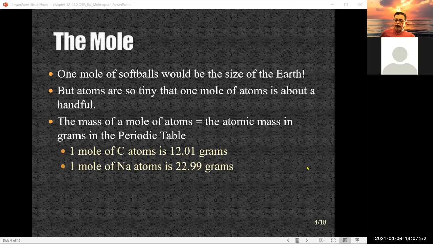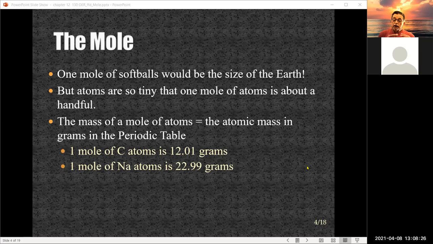Every isotope had a whole number, so we took the average based on which isotope was more abundant, taking into account the abundance of each one, and we end up with an atomic weight. So that number underneath the symbol on the periodic table is called the atomic weight. Carbon, for example, the average atomic weight for all the isotopes of carbon is 12.01 grams.